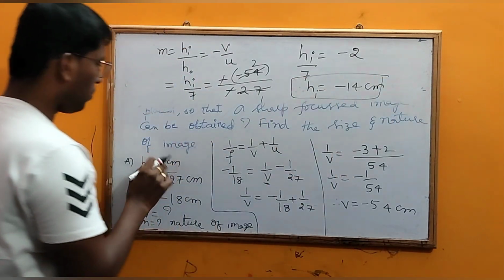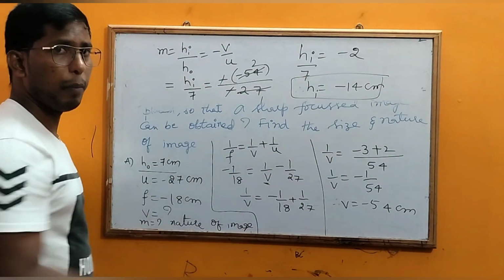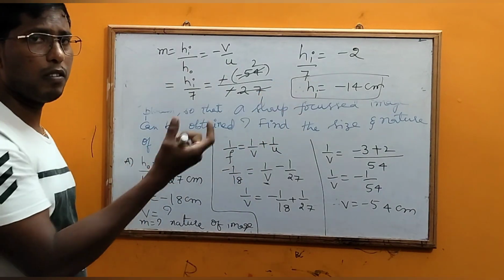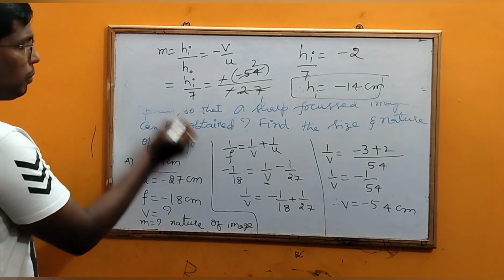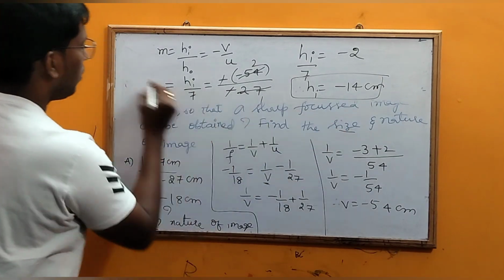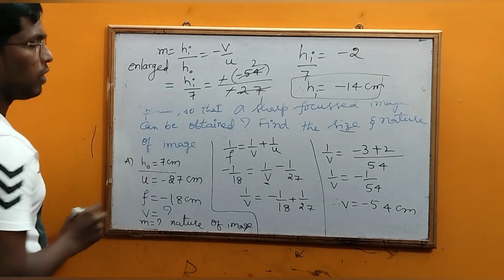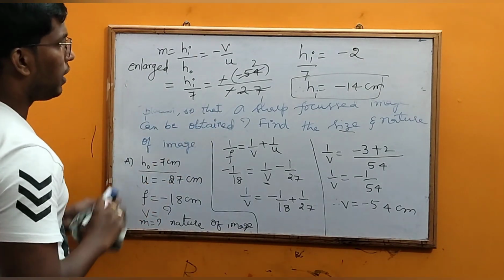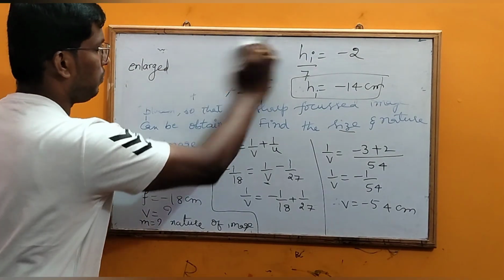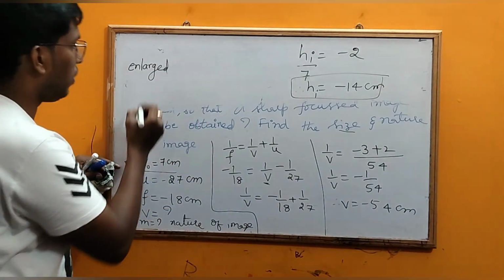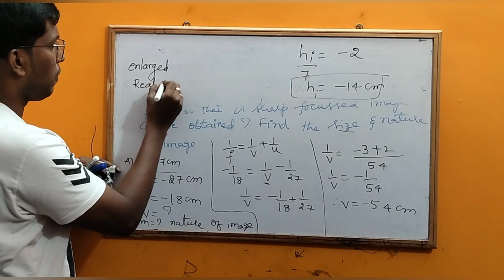So the height of the object is 7, the height of the image is double that of the object. It means the image is larger in size. So what will be the size of the image? We will write it as enlarged. And which mirror is it? Concave mirror. In a concave mirror, an enlarged image is found beyond C. So it means it is a real image.